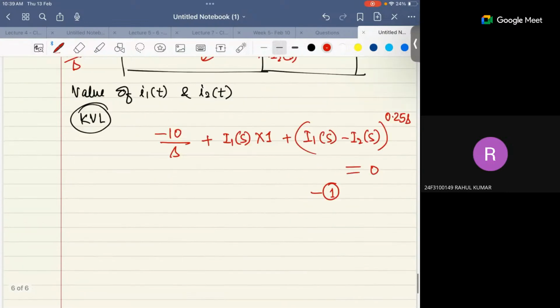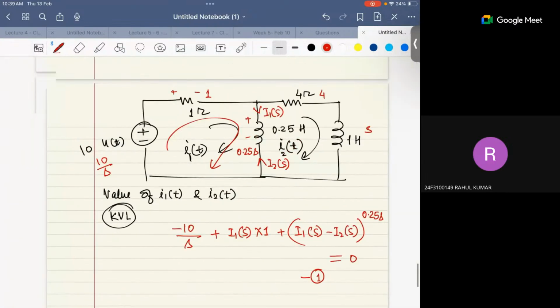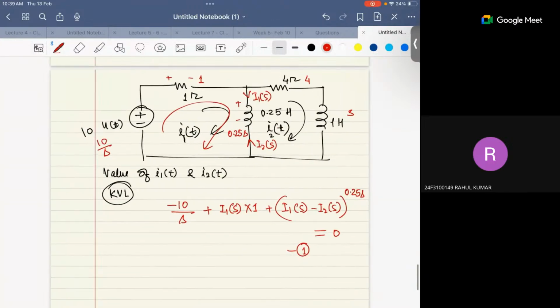Now tell me the second equation. How will you write it? Use KVL in the second loop.